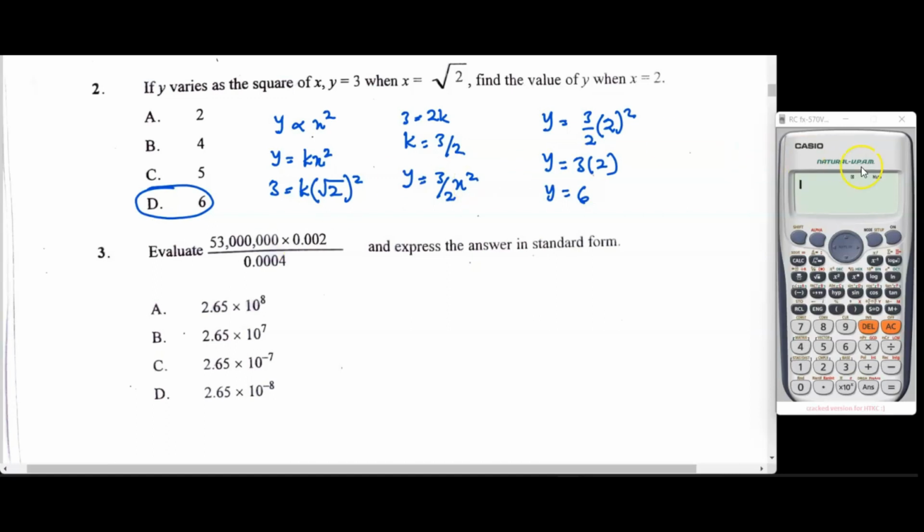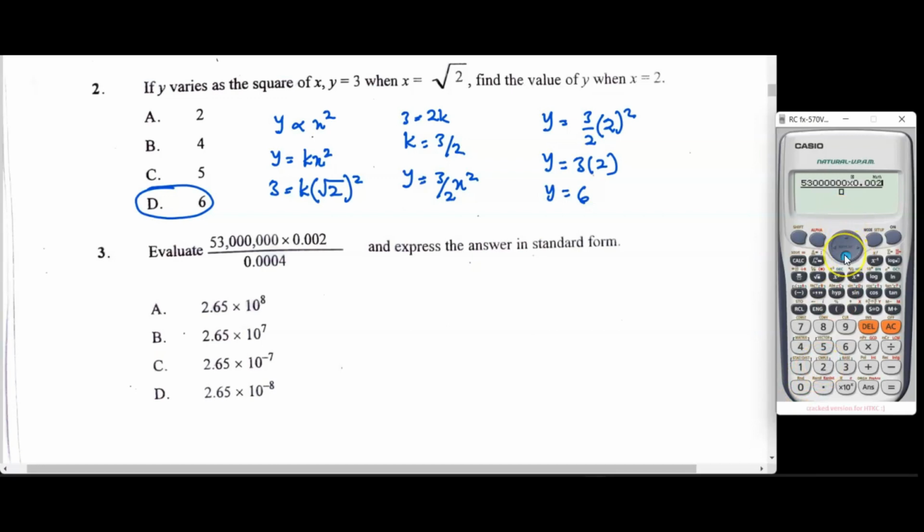Now, with the help of my calculator, which is here, we just simply need to program it, and then we write the answer in the standard form. So let's do that. We go for our fraction, and then we key in at the numerator 53 million multiplying 0.002.